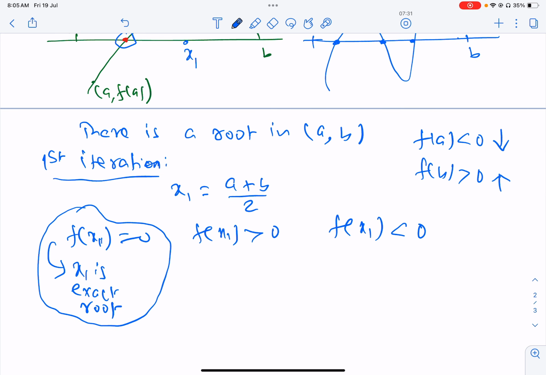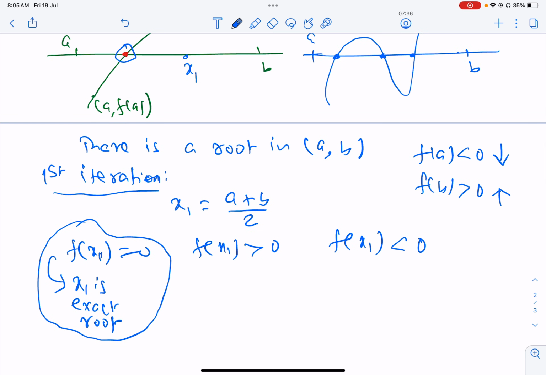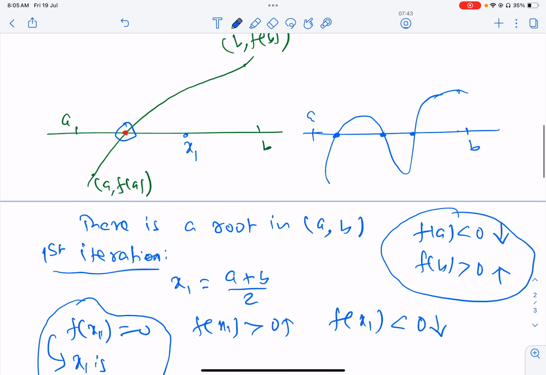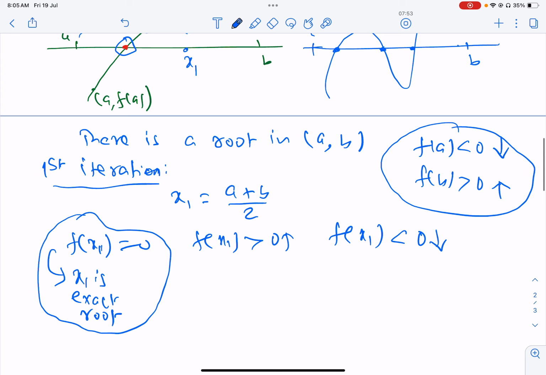Now it may be greater than 0, it may be less than 0. If it is greater than 0, say in our case, and f(a) is less than 0, then the root lies in a to x1.